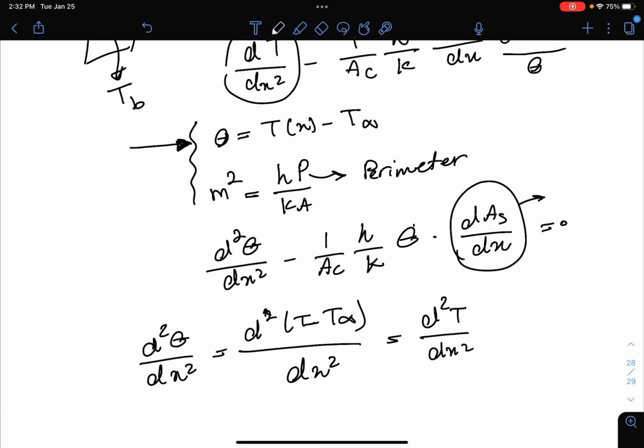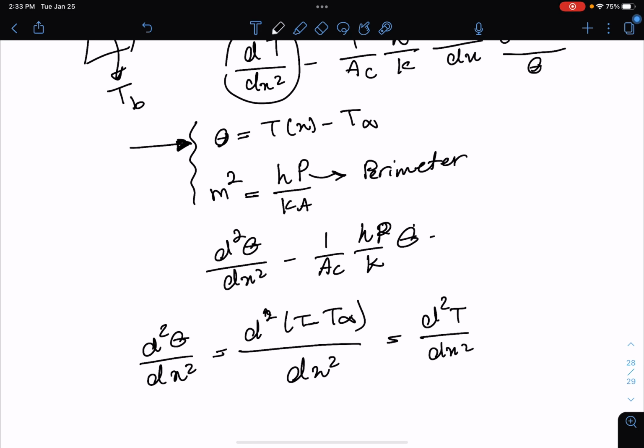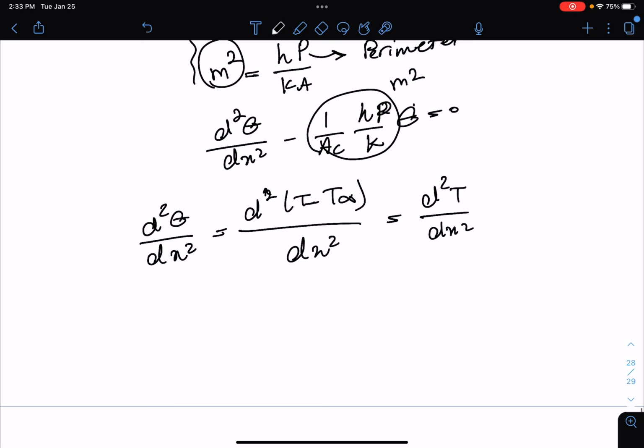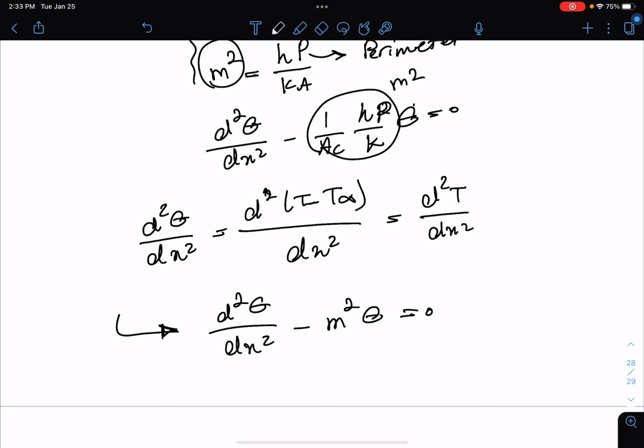If you do that, you're essentially dealing with As divided by L. What is As divided by L? The perimeter of the fin. So I'm going to replace this with the perimeter, which tells us this is also m squared. So a uniform cross-section fin's equation is going to look like this.